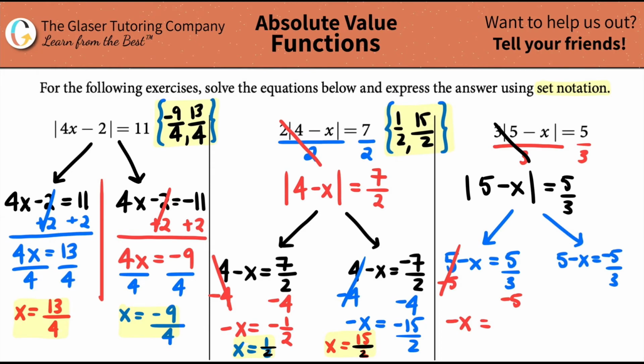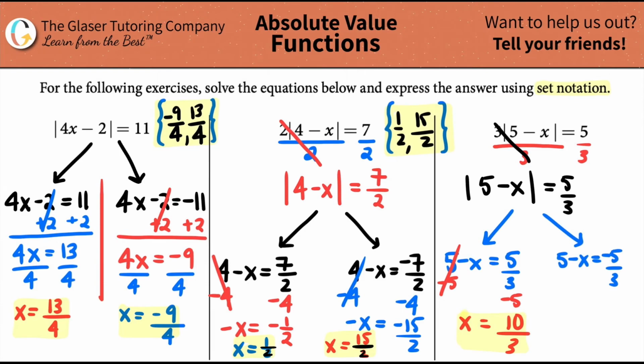There we go, negative 10 over 3. I always like to try to do it first and see if I'm right. However, we still want x equals. So this was a negative, right? So if I don't want the negative, I get rid of the negative here. Bye-bye. And the answer would just be 10 over 3 for the first one.